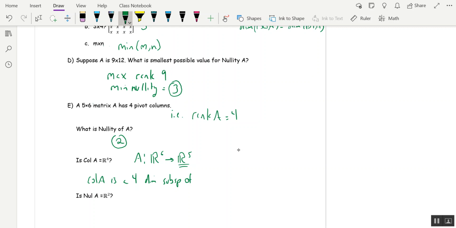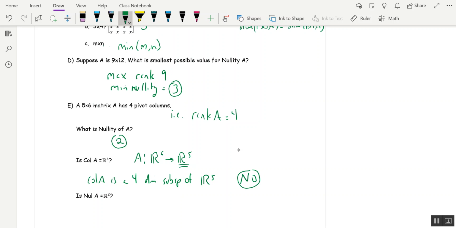It lives over here in the codomain. Col A is a 4-dimensional subspace of R5. R4 is not even a subset of R5. So the best you can say is col A is a 4-dimensional subspace of R5. But no, it's not R4. So the answer is no.